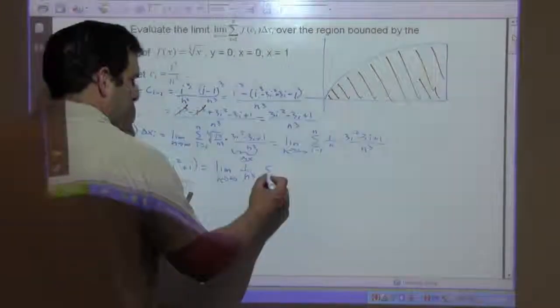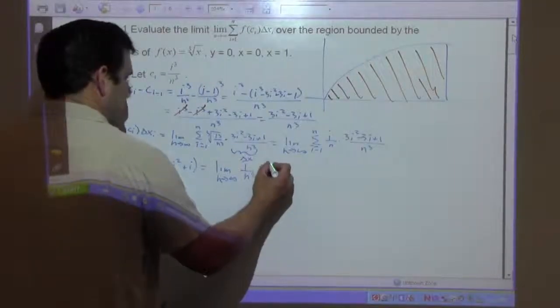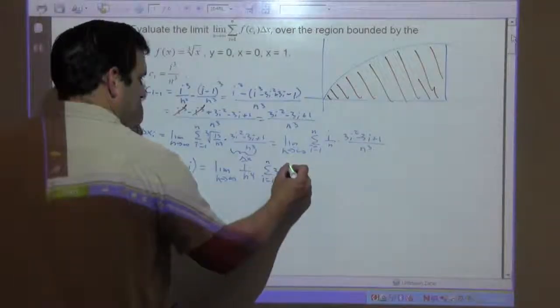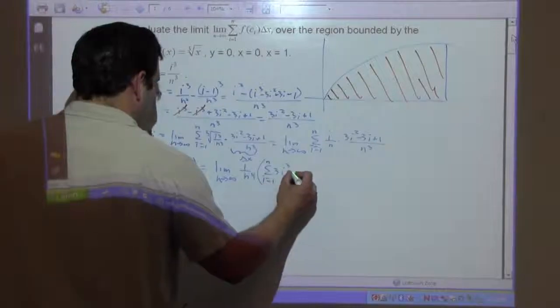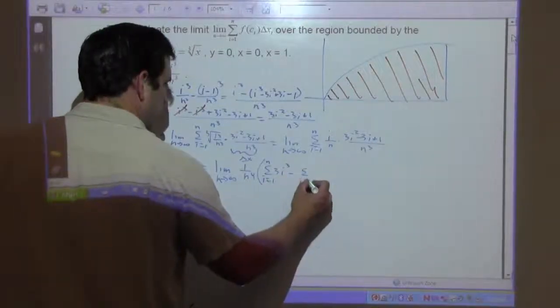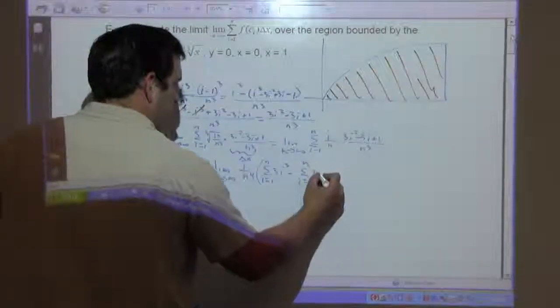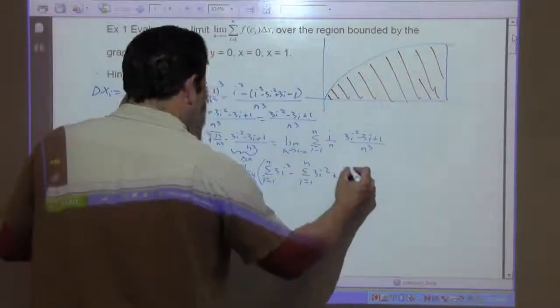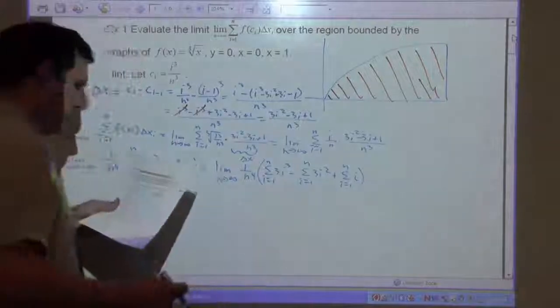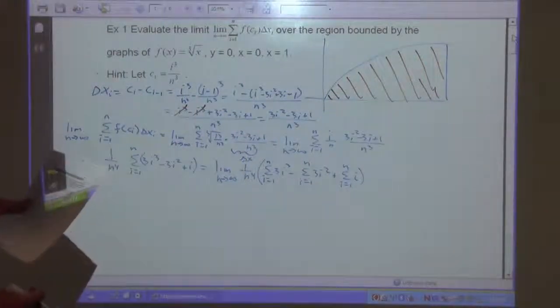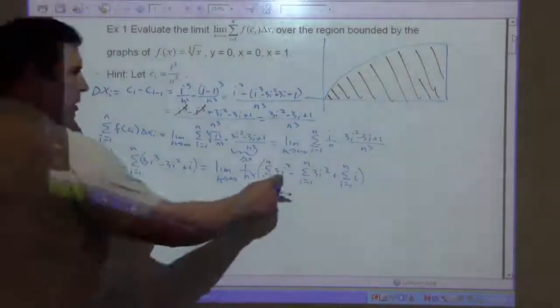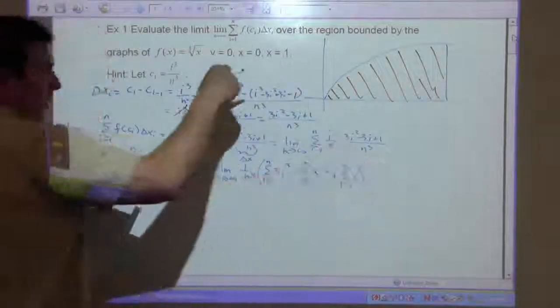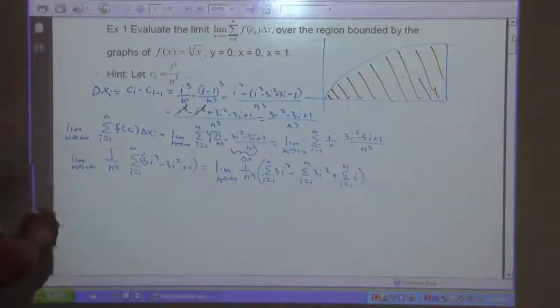We'll have the sum as i goes from 1 to n of 3i cubed minus the sum as i goes from 1 to n of 3i squared plus the sum as i goes from 1 to n of i. We're going to get this i cubed, i squared, and i from our formula from the last section.